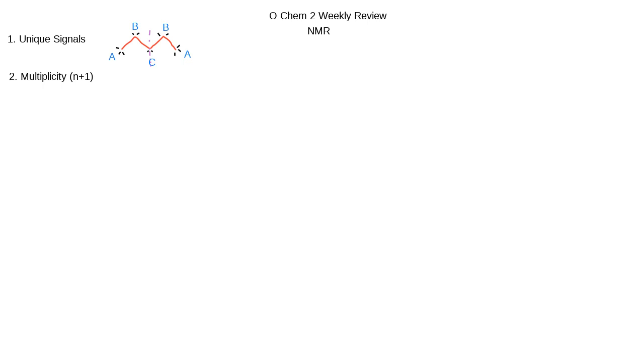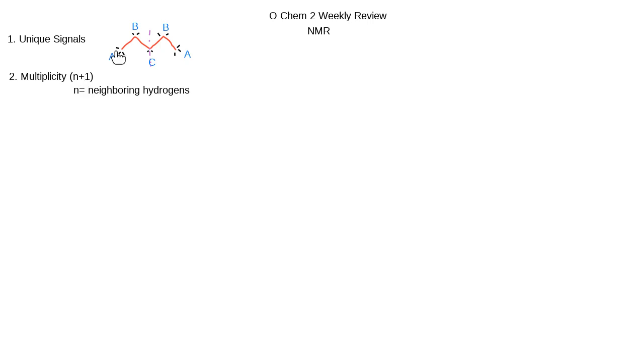Okay, and that is exactly what the N stands for here. Okay, N equals neighboring hydrogens. And then however many neighboring hydrogens there are, you have to add +1 to it.